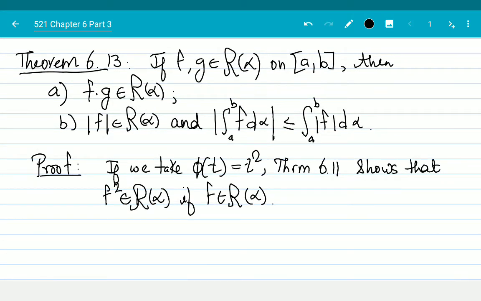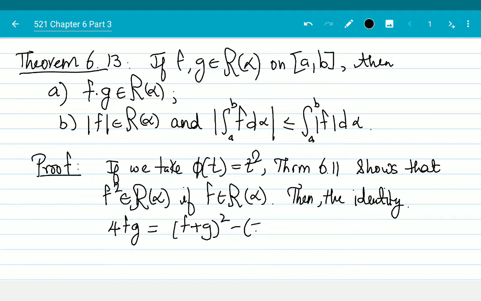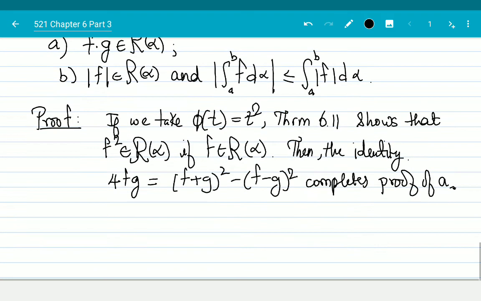Okay. Now here's a really, really nice trick. The identity 4fg is equal to (f plus g) squared minus (f minus g) squared completes the proof of A. Each of these is integrable by the previous theorem, right?